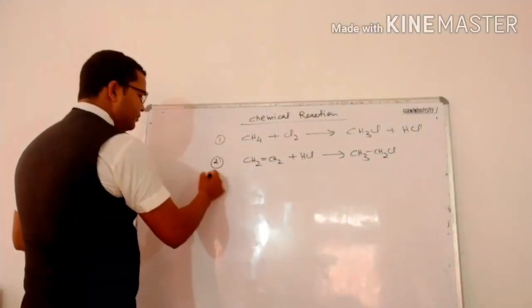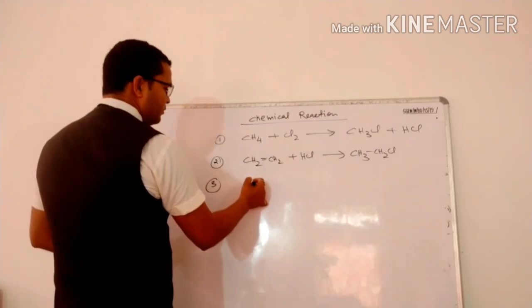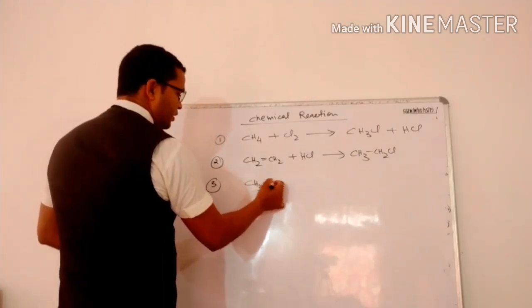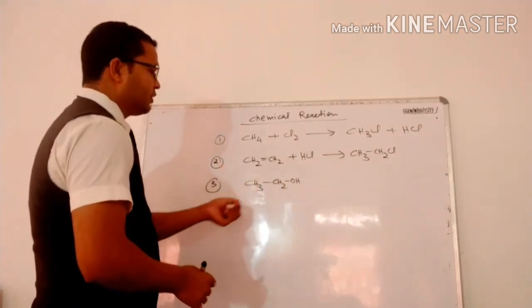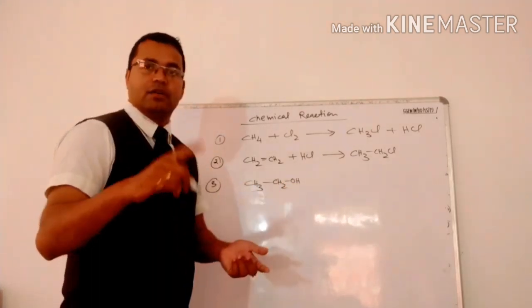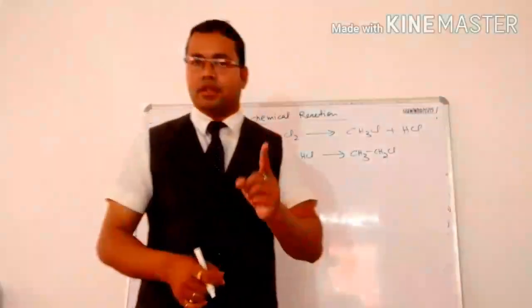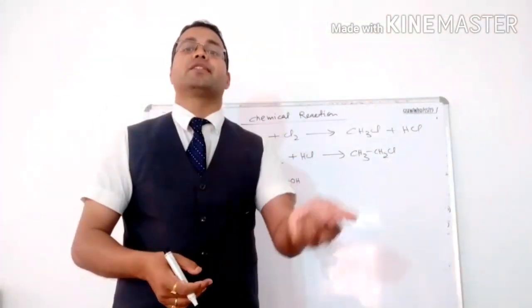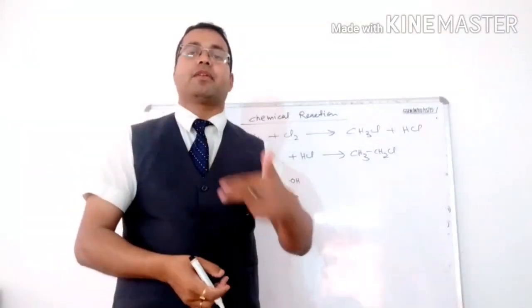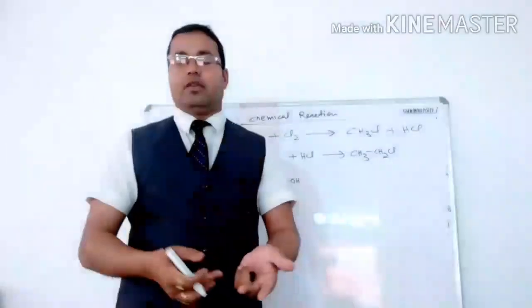Number 3. This is actually ethanol. The general name of alcohol is alkanol. If carbon is 2, it will be ethanol; if carbon is 3, it will be propanol.